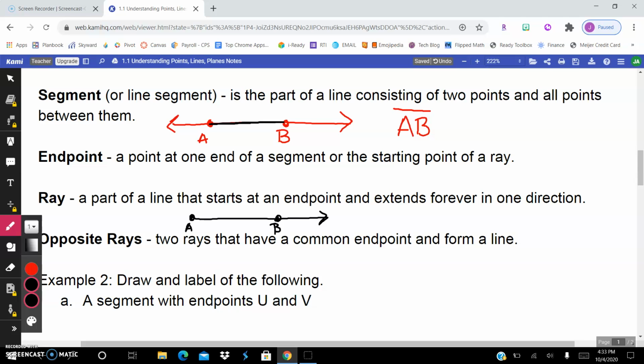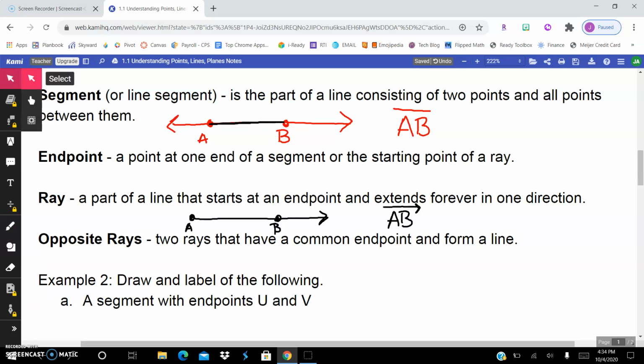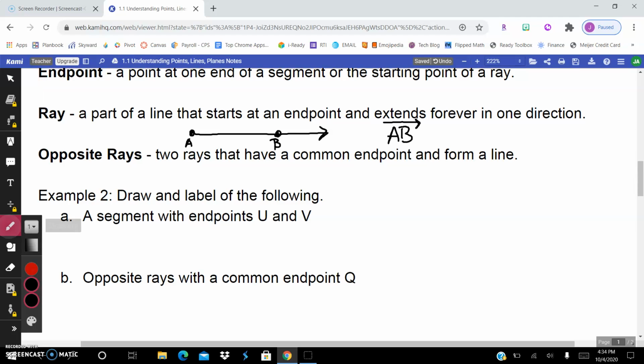And the way we label that ray is we have to start with its starting point, which is A, and it continues through B, and then we draw the arrow that way, or the line with the arrow pointing that direction. We cannot call this ray BA. That is not correct because it does not start at B and go through A. And then opposite rays are 2 rays that have a common endpoint and form a line.